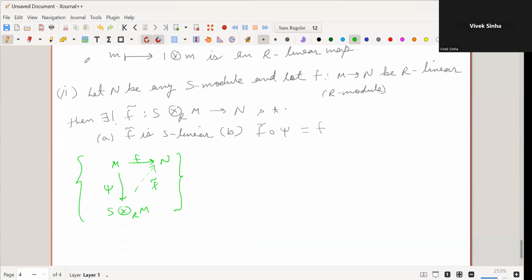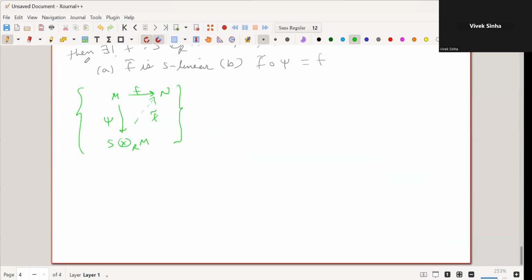Okay. Then finally, in the problem session, tensor product of vector spaces was discussed. I will just write the definition and the results, and then we can move to the assignment problems. Tensor product of vector spaces.